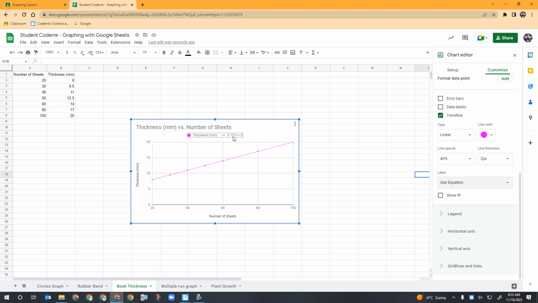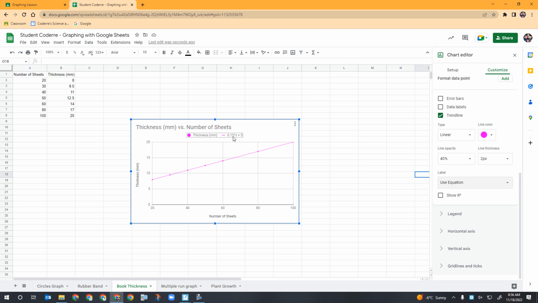Doing what we just did in 5 minutes used to take 25 minutes to a half an hour for one graph. And it was never as accurate as what this does, because this just uses an algorithm to draw the line for us.